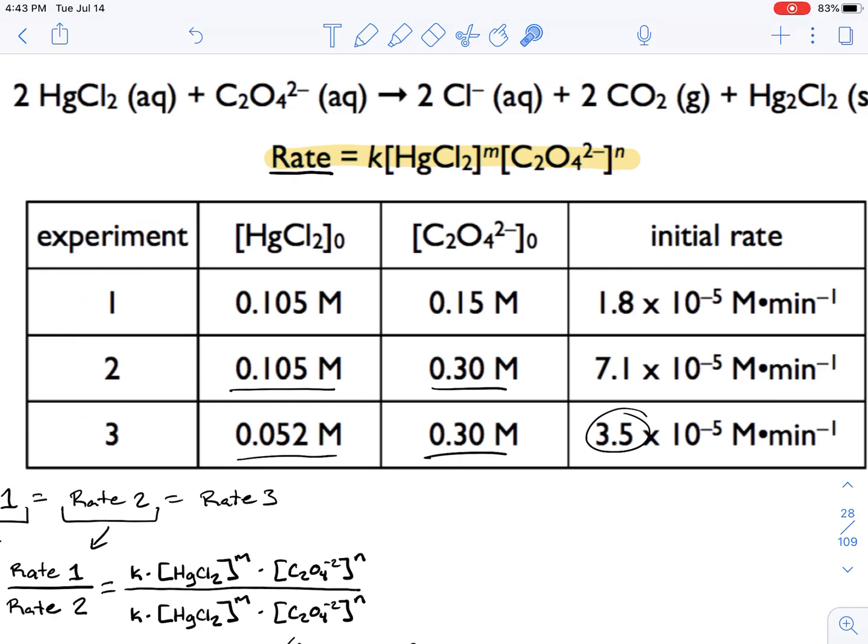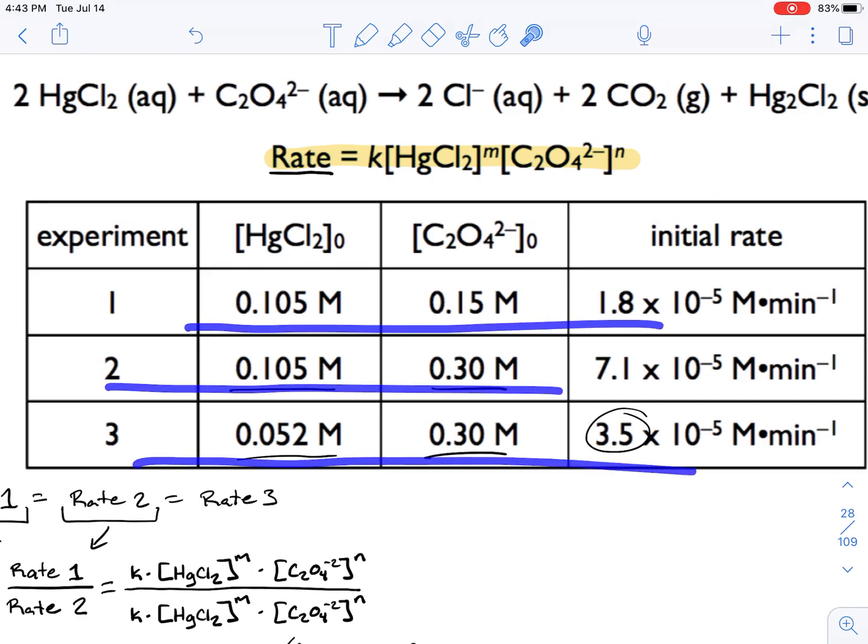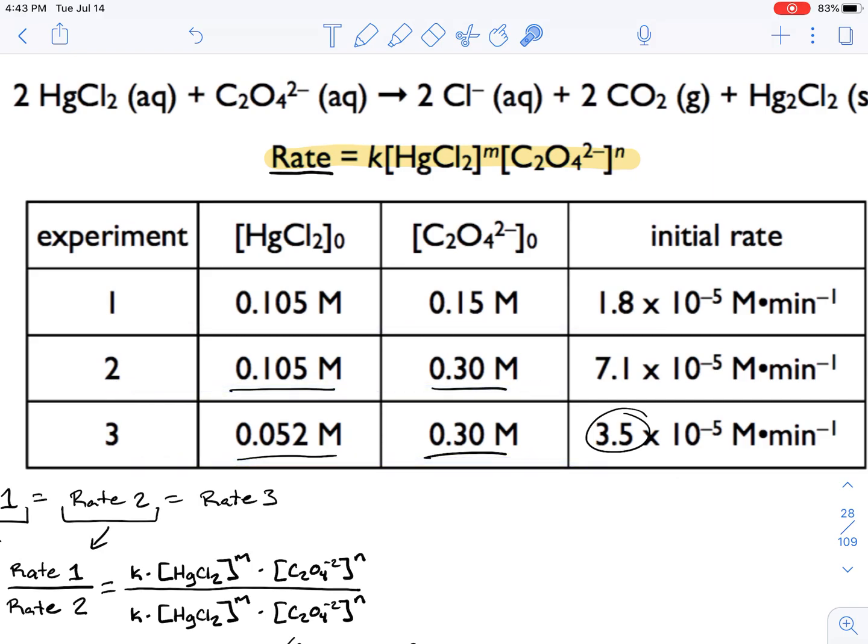But you guys can use any of these trials, and all you're going to do is plug in the concentration and the initial rate into that rate law. And by doing so, you'll only have k as your variable. Okay, and so I'm just going to go ahead and choose experiment 1. You guys can do this for experiment 2 and experiment 3, and your answer should be the same that I get for experiment 1.